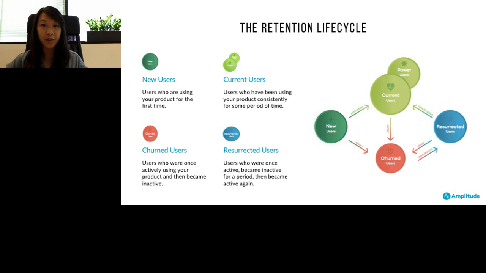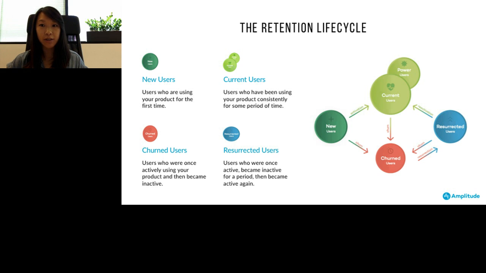And current users are people who have already been using your product consistently for some amount of time. Whereas resurrected users are people who were active, and then they had a period of inactivity when they weren't using you, and then for some reason they've come back and are actively engaging again. And then churned users, of course, are people who used to use your product but aren't anymore.